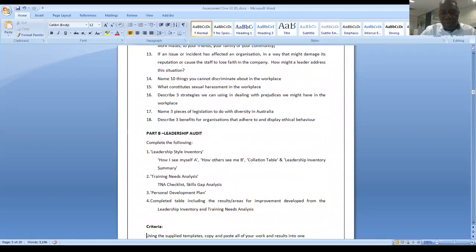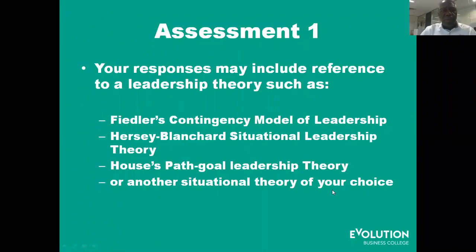Let's go back to the PowerPoint, so we can talk about some of the theories that I have there for you. As we said, for assessment 1, your responses may include reference to a leadership theory such as Fiedler's contingency model of leadership, Hersey and Blanchard's leadership, House's path-goal leadership theory, or another.